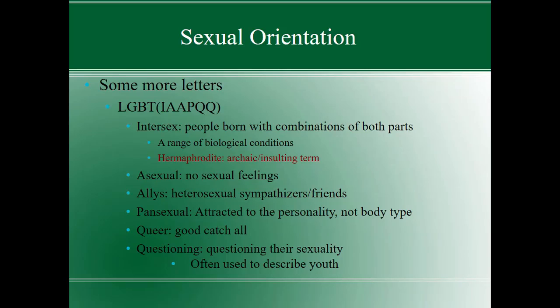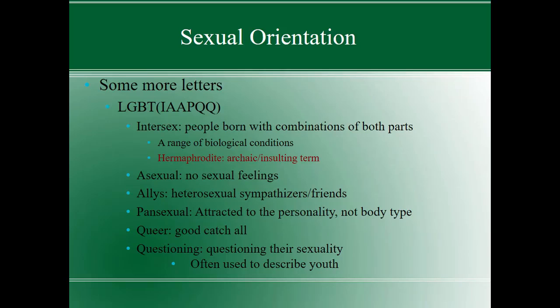So these are people born with combinations of both parts. And this isn't just one biological condition, it can be a range of biological conditions of varying degrees of rareness or not rareness. It is an insulting and obsolete term to call these people hermaphrodites.